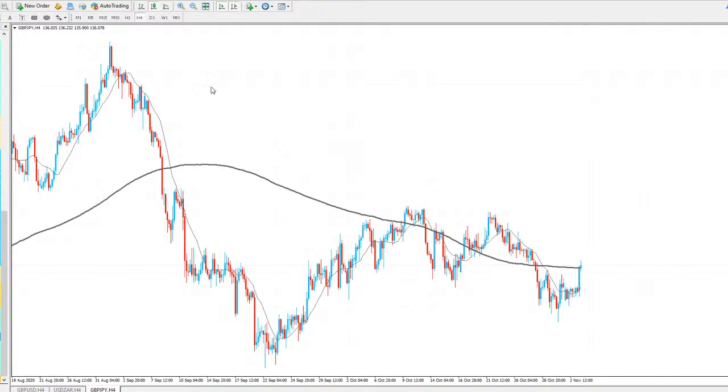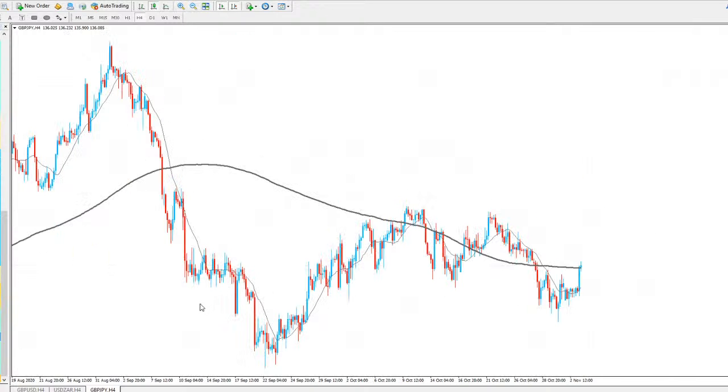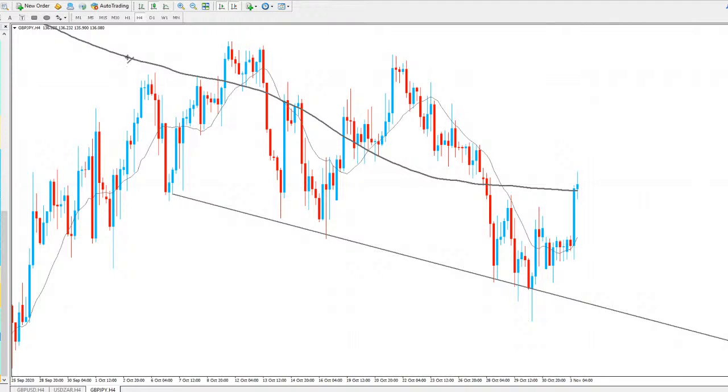And finally, GBP/JPY. This one just had a big push to the upside on the 10 a.m. close there. Again, we did have this trend line drawn in the market here, as you can see, and the upper trend line as well. So again, you've got the highs up there for the 4H time frame, and they've got the lows as well. As you can see, numerous tests of both trend lines. And again, from that area, we've seen that push to the upside as price failed to break through this trend line.